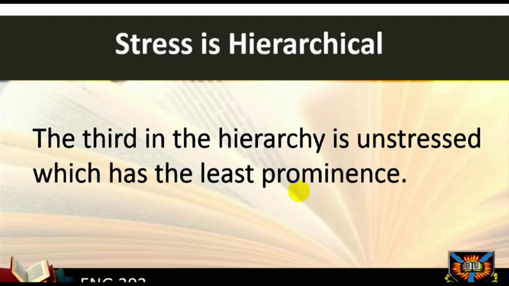Hierarchy is a system of organization in which people or things are divided into levels of importance. A prominence hierarchy may occur among multiple stresses. For instance, in polysyllabic or complex words, one syllable among the multiple syllables will be made more prominent than the others, i.e., assigned the primary stress.